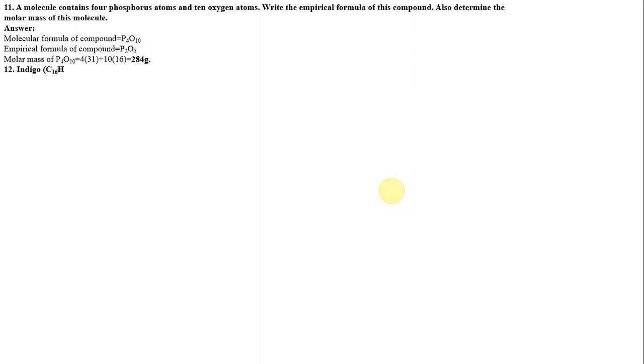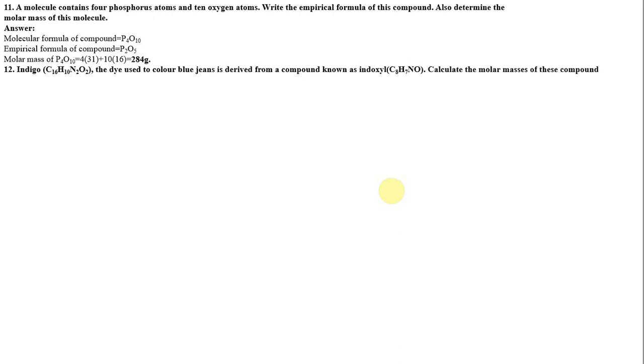Question number 12. Indigo, whose formula is C16H10N2O2, the dye used to color blue jeans, is derived from a compound known as indoxyl, C8H7NO. Calculate the molar mass of these compounds. Also write their empirical formulas.